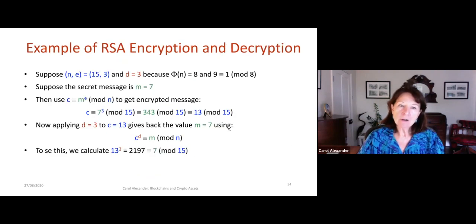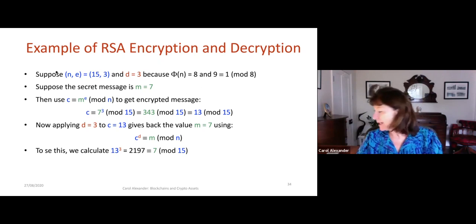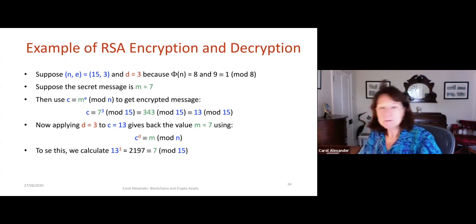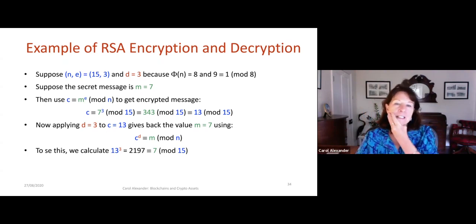So here's an example. We just worked this one out, didn't we? Here E was 3 and D was 3 when N is 15. So suppose the secret message is M equals 7.